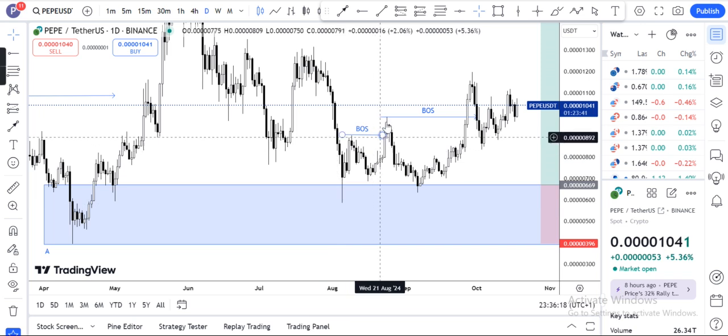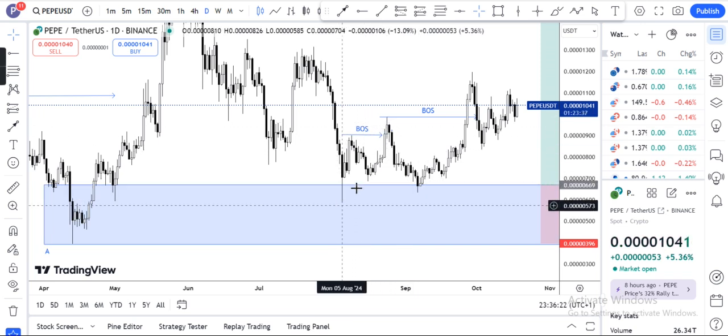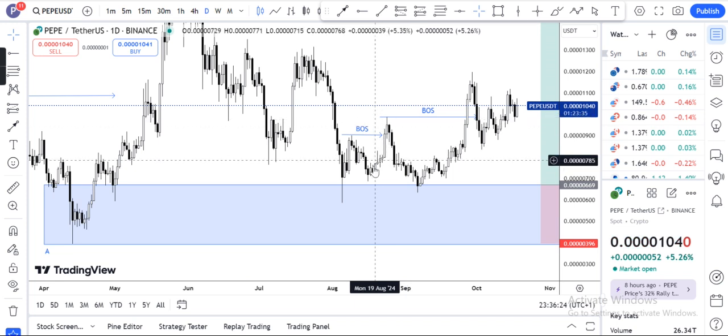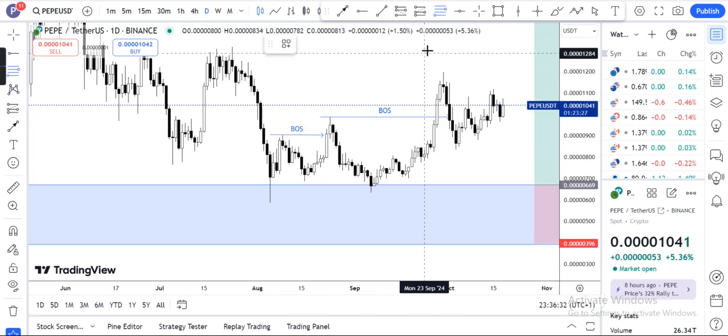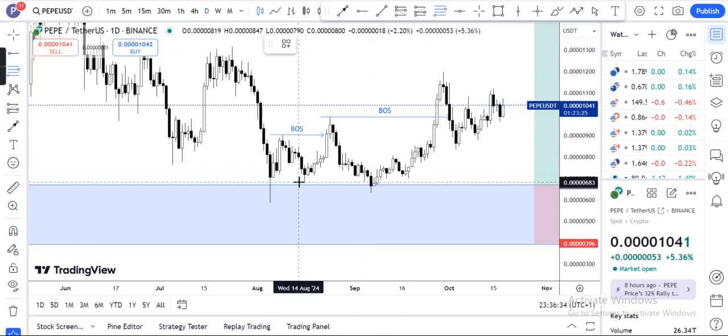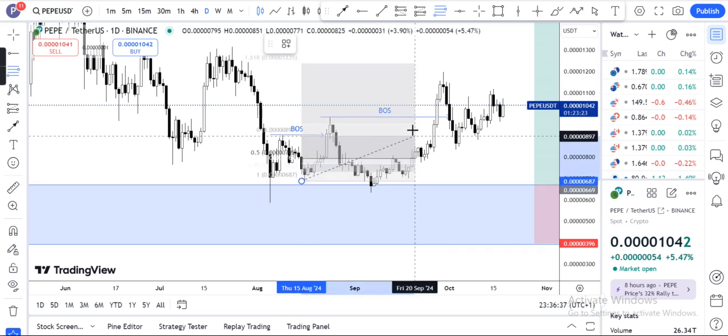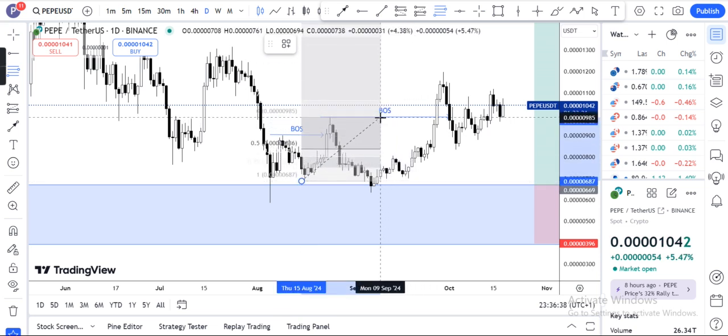On this break of structure we got between these points, we can clearly mark from the low to the high, the low that created this first break of structure. And then ideally, if you see my videos, this is where most of the times we mark our order block, our point A and point B.